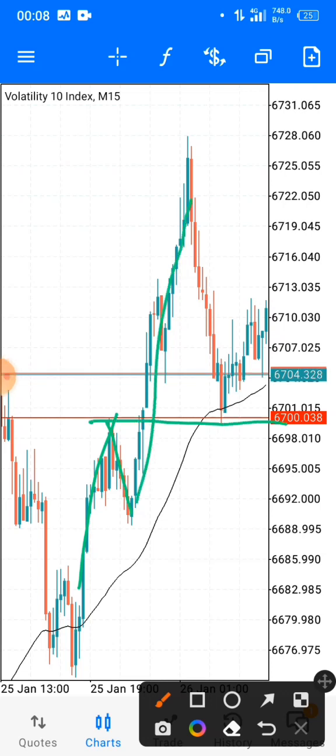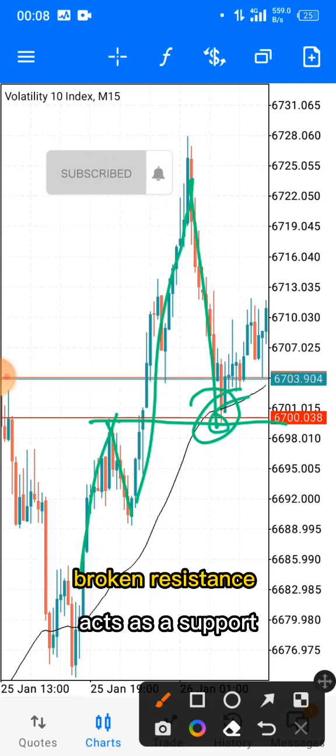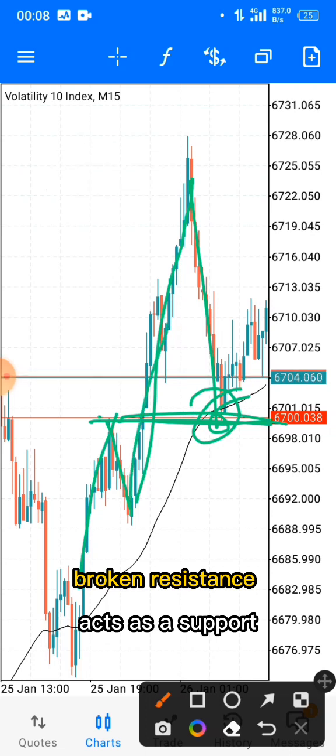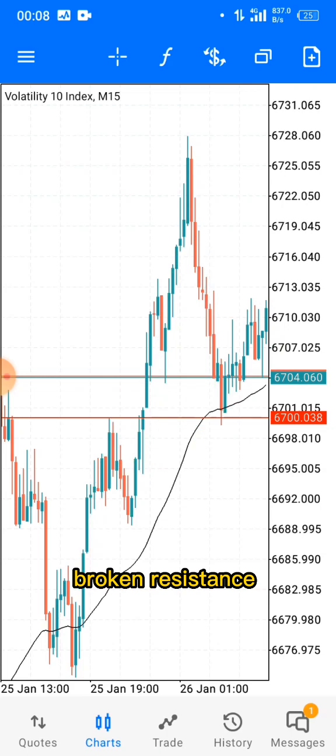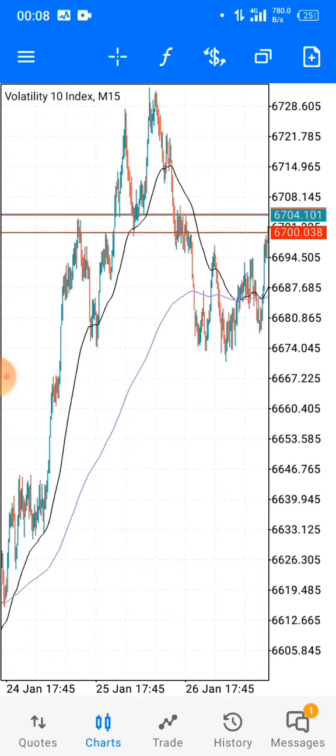When this resistance gets broken and the market pushes back to it, as you can see, this 50 moving average in this case is acting as a support for this resistance level, this support level right here, because it's a broken resistance. It now acts as a support. So that's what I'm saying when I say dynamic support and resistance, right?